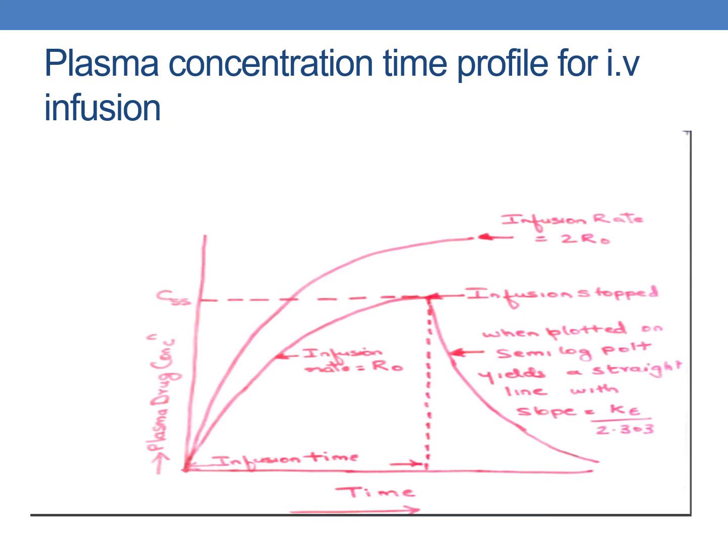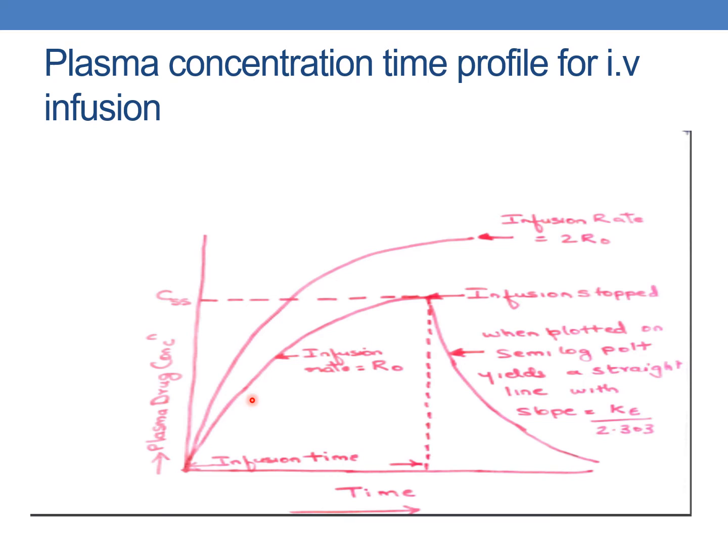Now this is the plasma concentration time profile for infusion. As you can see, this is time and this is plasma drug concentration, and this is the infusion rate. At the beginning of the infusion, the elimination is 0.